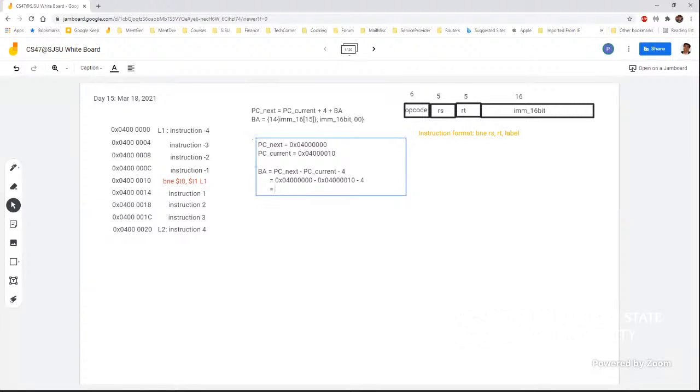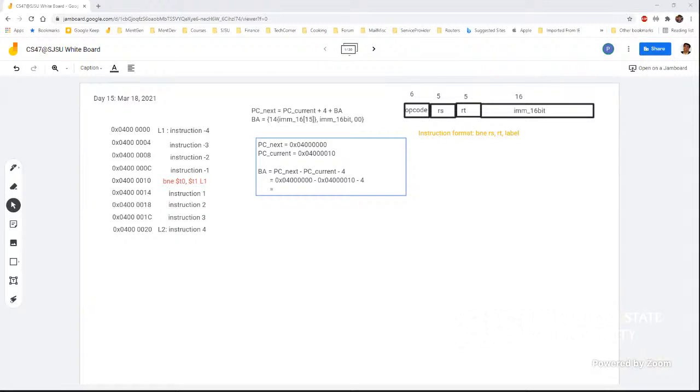Use a hexadecimal calculator. There are apps on your smartphone as well for that hex value calculation. You can use that, that's okay.